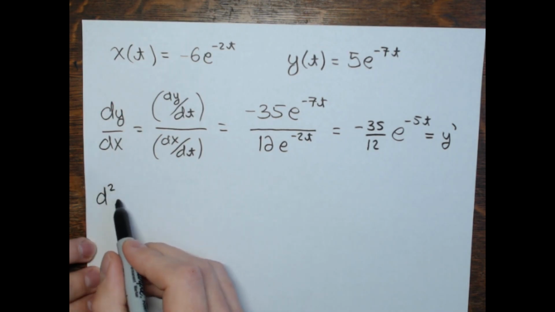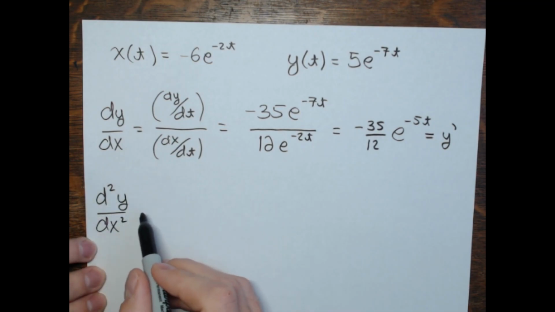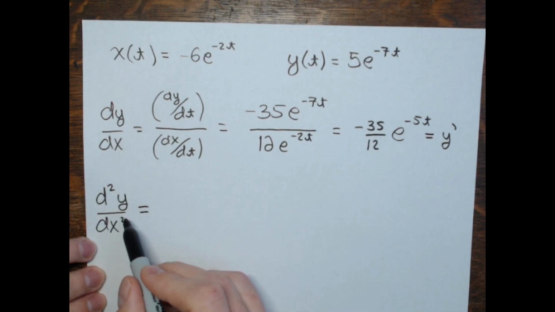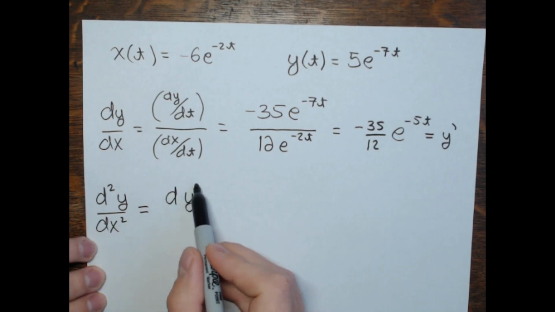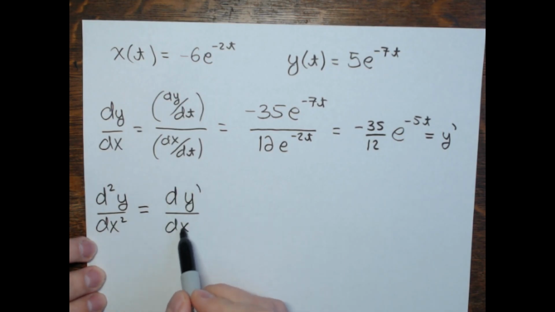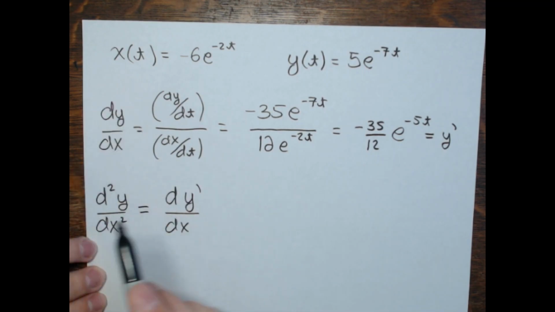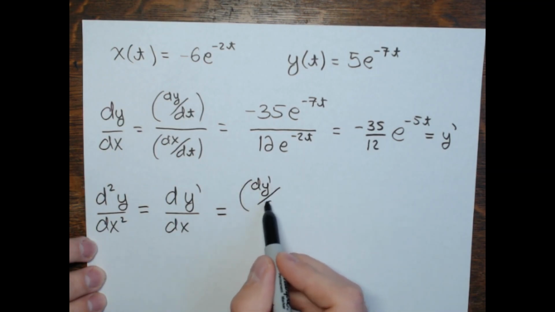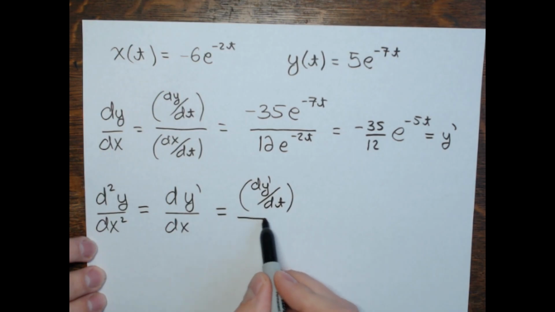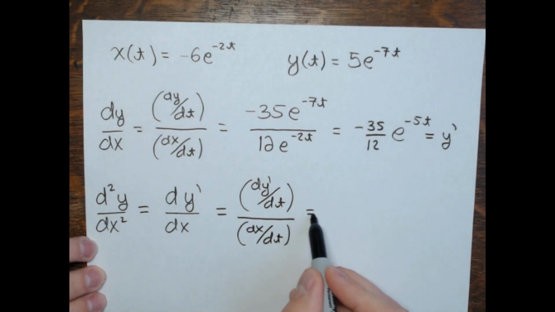Now the second derivative, d squared y over dx squared. Remember, the second derivative of y with respect to x is the first derivative of y prime with respect to x. I calculate this the same way as the first derivative: the derivative of y prime with respect to t in the numerator, divided by the derivative of x with respect to t in the denominator.